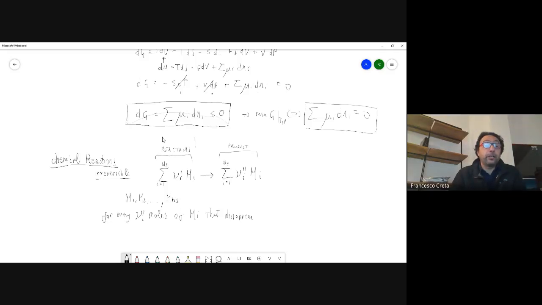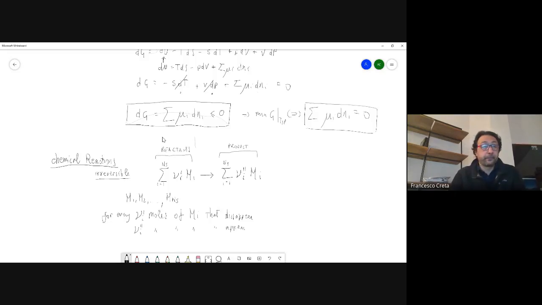So for every nu_i prime moles of this species here that disappear, this relation tells us that there is another quantity, nu_i double prime moles of Mi that appear.